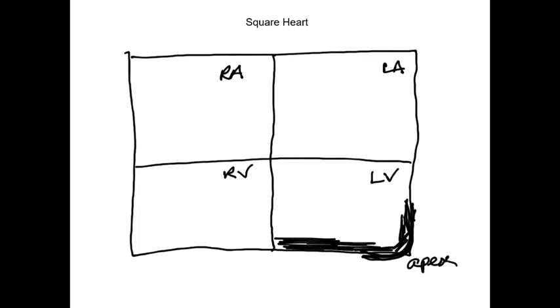I mentioned that the left ventricle is the thickest and most muscular of the 4 chambers. So I'm just going to draw that thicker for that reminder and label this thick muscle as the myocardium. Right, that's the myocardium, the muscle layer of the heart.